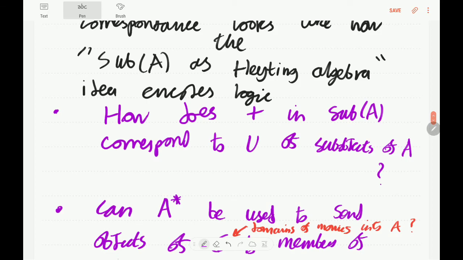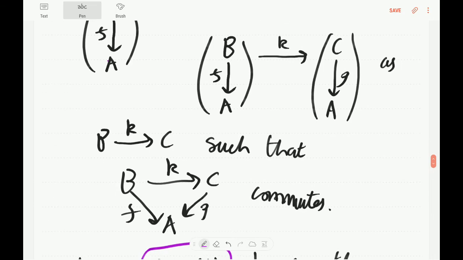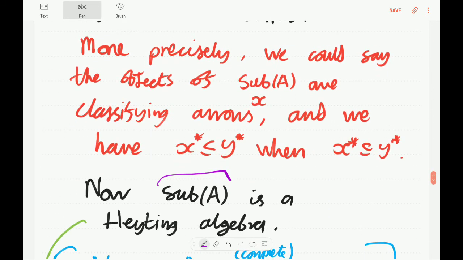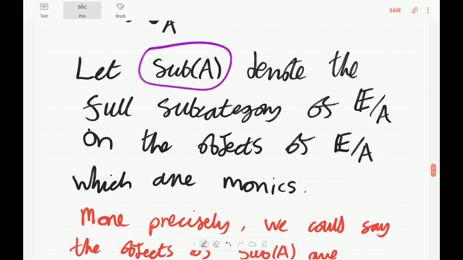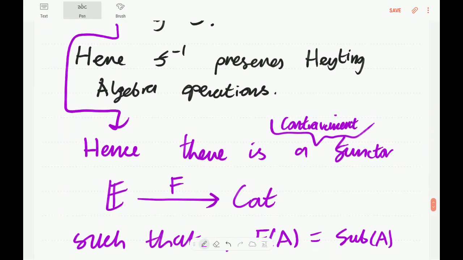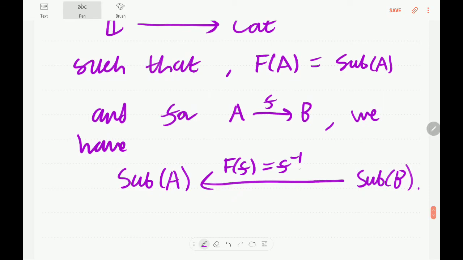How does the coproduct correspond to the union in this Heyting algebra correspondence? And can this functor here be extended so that it can be considered a functor from E slice B to E slice A?